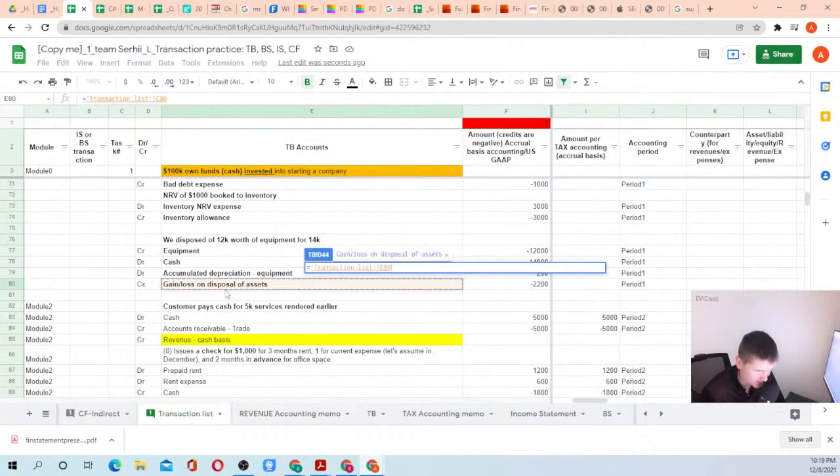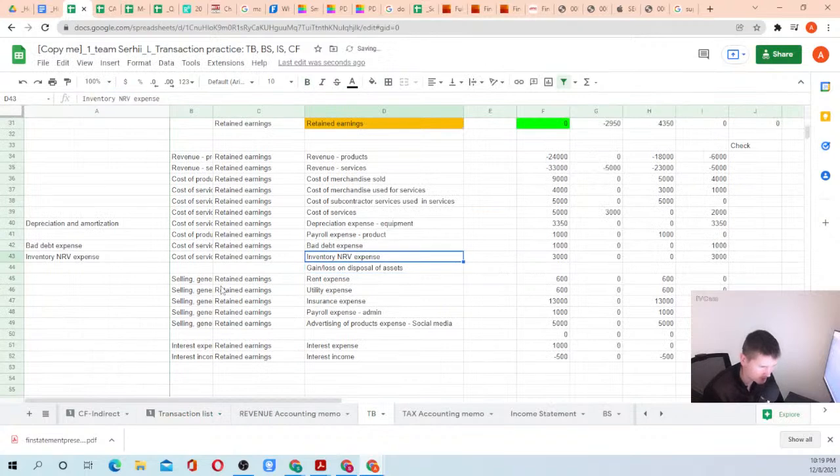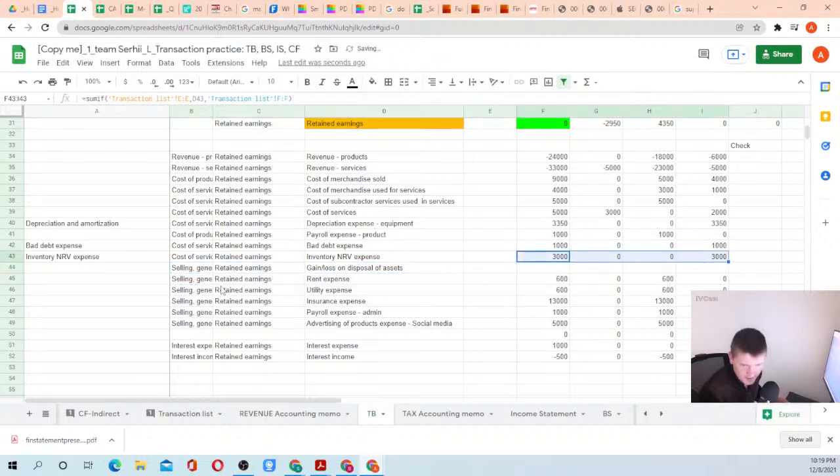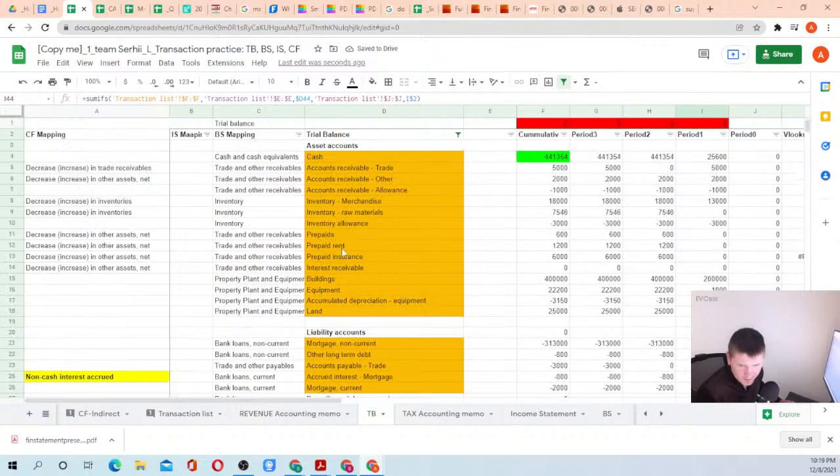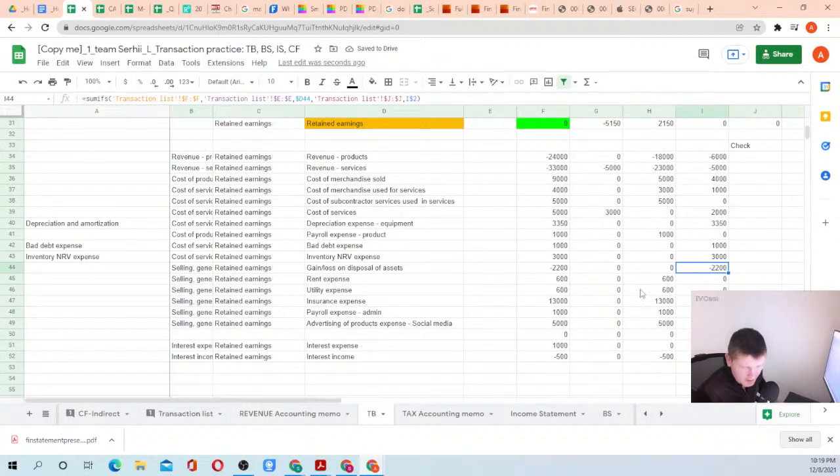Transaction list, gain or loss on disposal of assets. Let's say it's other operating expense. Okay, so our trial balance balances, everything looks fine.